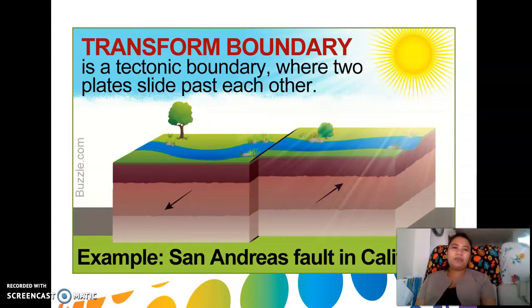Next, and the last, would be the transform fault boundary. This is a tectonic boundary where two plates slide past each other. An example is the San Andreas Fault, which is a huge 1,200 kilometer long fault system right through California.